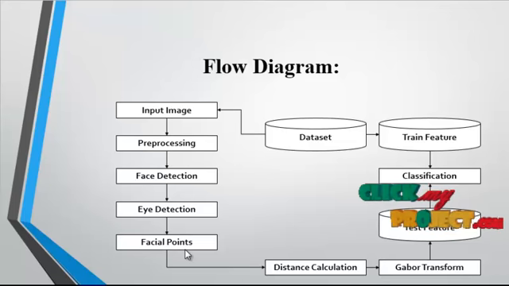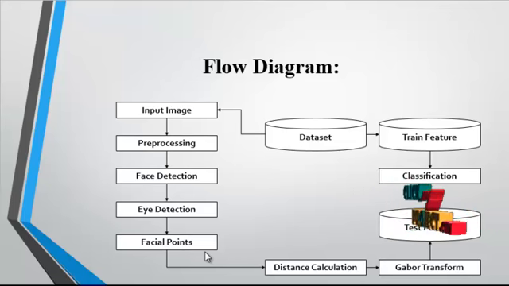The facial points are nothing but the AAM points plotted on the face. These are plotted on the eye, nose and mouth everywhere. After plotting the facial points, the distance is calculated for each and every point plotted on the face. Then the Gabor transform is applied to the face image.